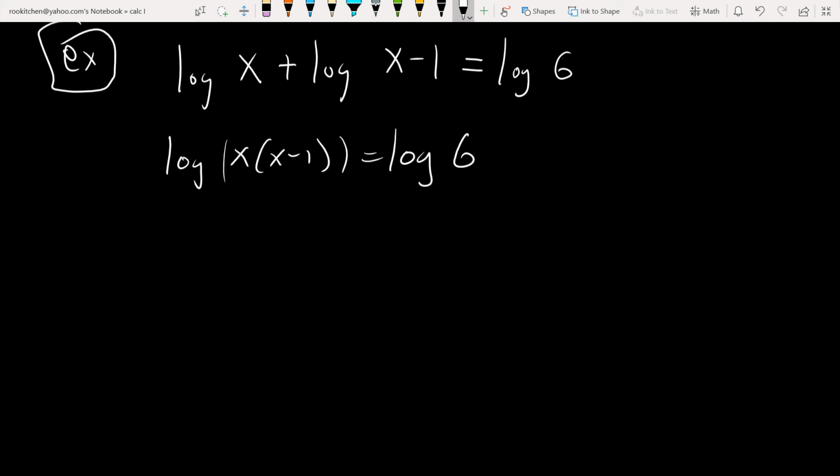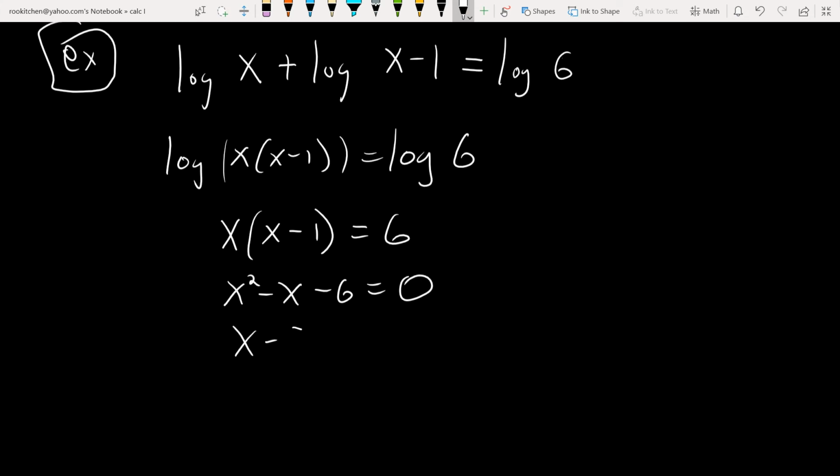And then I can equate the insides of the logs, just like above I equated the exponents. So x times (x minus 1) equals 6. And then it's just a quadratic. Bring the 6 to the other side. And so (x minus 3)(x plus 2) is 0. And then x is 3 and negative 2.